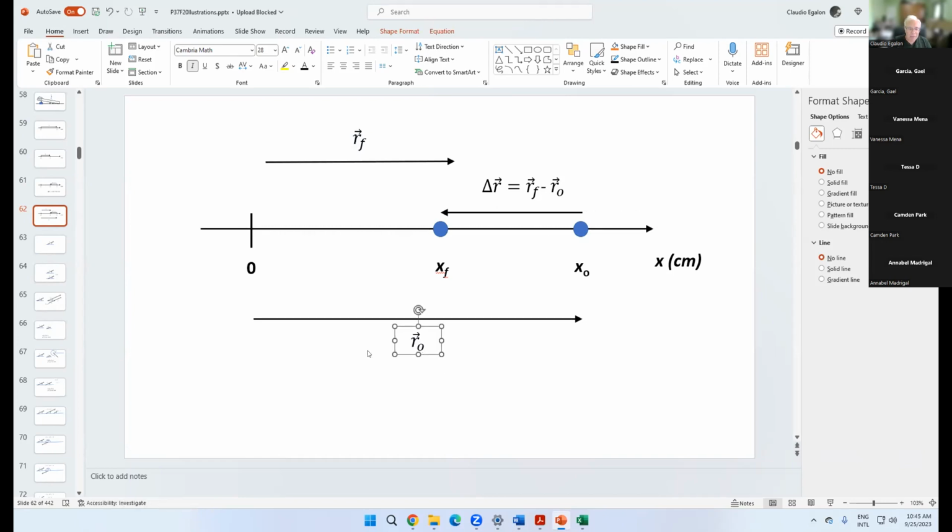The negative of this vector is represented by an arrow pointing in the other direction. So what does it mean?